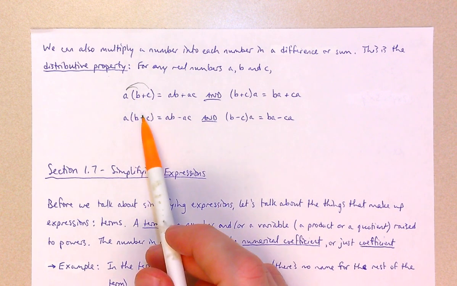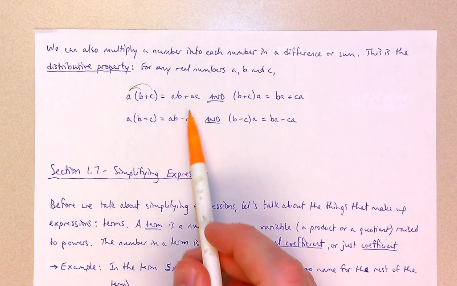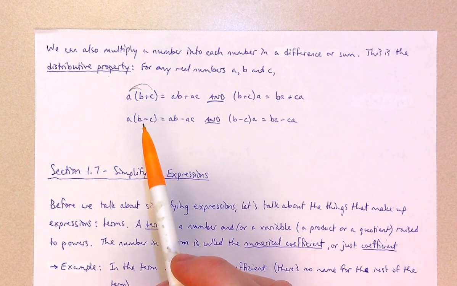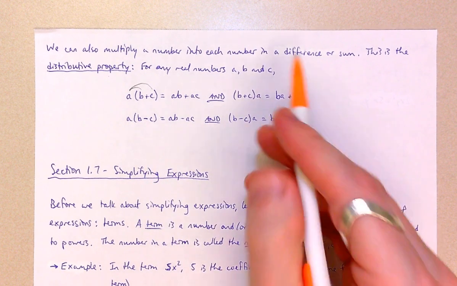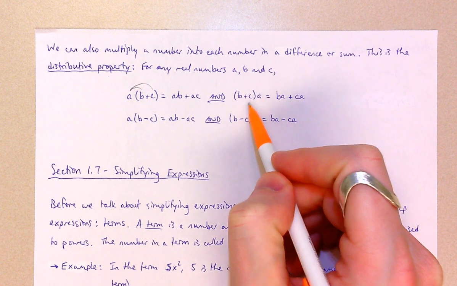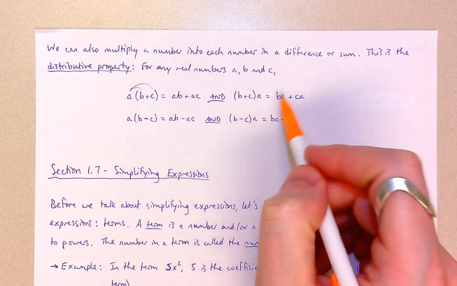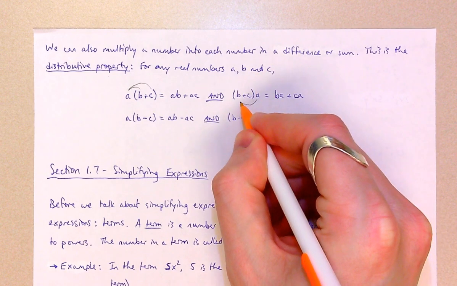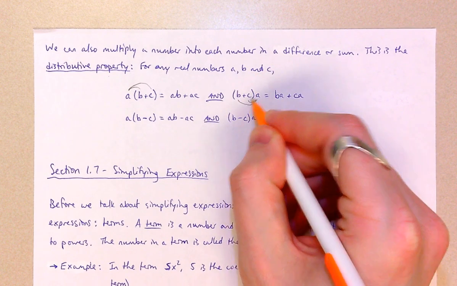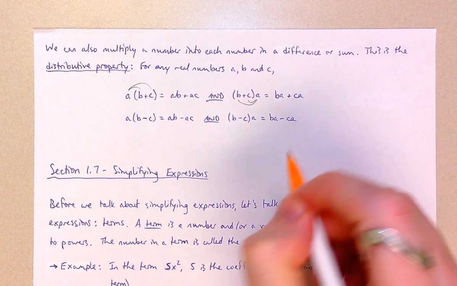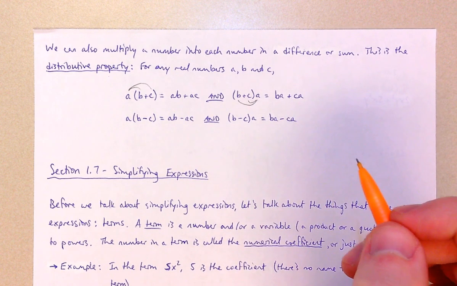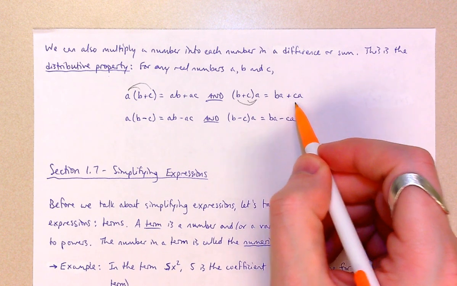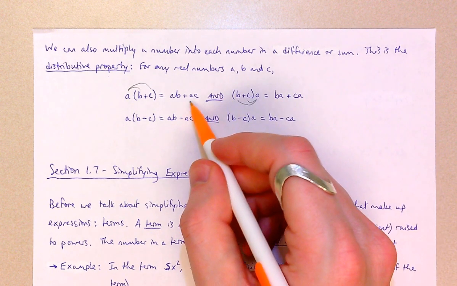So a times the quantity b plus c is equal to a times b plus a times c. And this is commutative as well. The quantity b plus c times a is equal to b times a plus c times a. And because multiplication is commutative, we know that we can switch the places of these terms and have that be the same thing there.